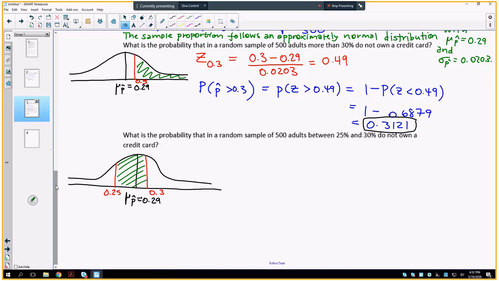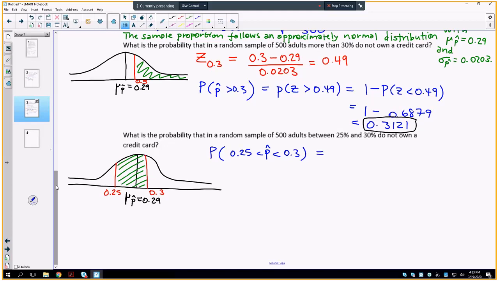Well, we've done problems like that before. I'm going to take the area of what's less than 0.3 and subtract the area of what's less than 0.25. So how do we write that? We say the probability that 0.25 is less than p hat is less than 0.3.